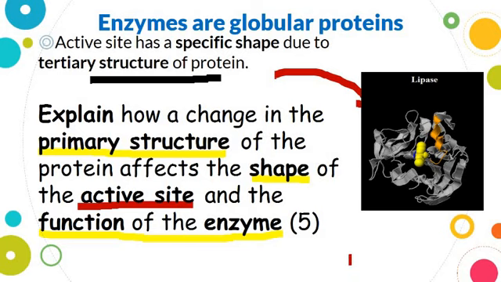So if you broke your active site, if you had changed your active site shape, what would have happened? Ultimately, because we're thinking about an enzyme function, think of what things interact with the enzyme in order to form products. So 5 marks. Make some notes for each of those 3 different bits you can split it into, and let's have a look at our mark scheme after.